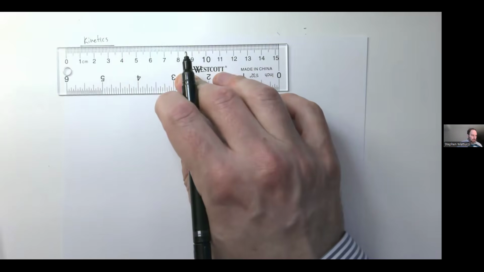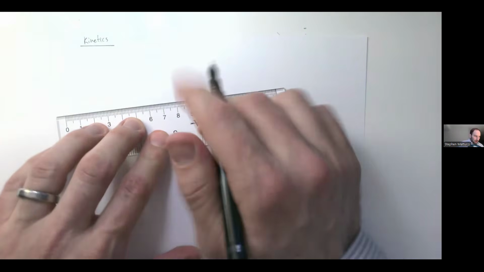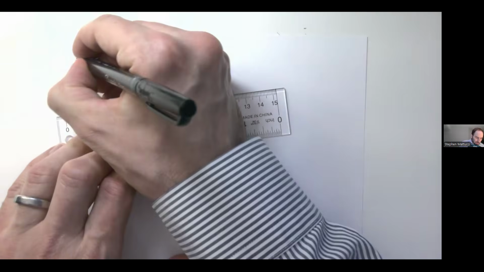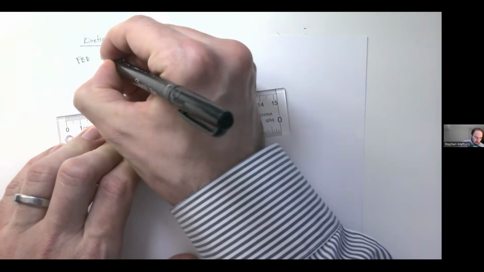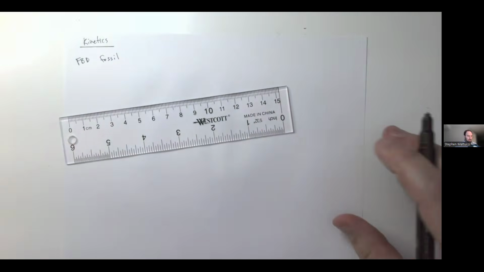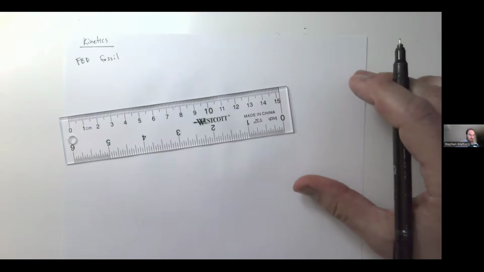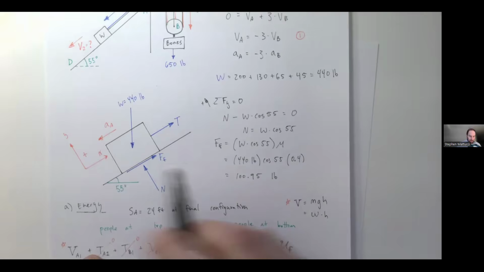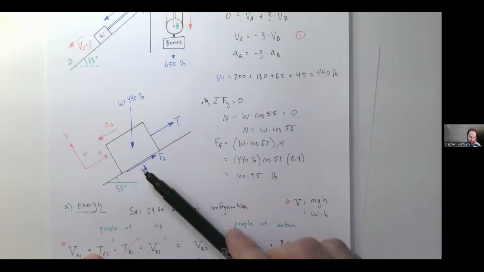So we can do this in kinetics. We're going to have the free body diagram of the fossil. And so maybe just to clarify where I'm going from here: I've got this free body diagram.